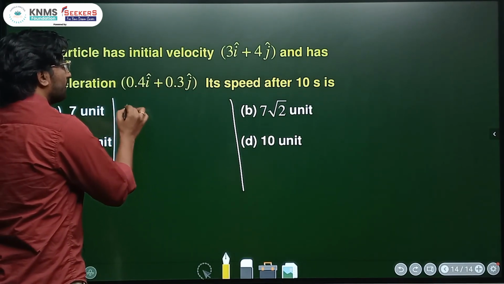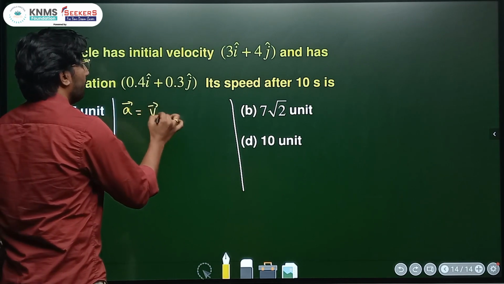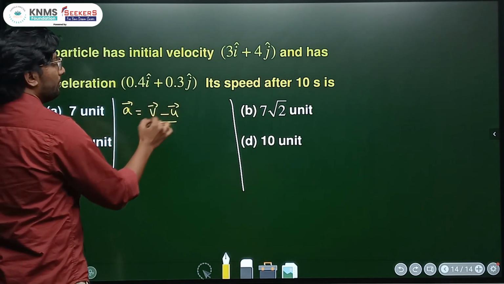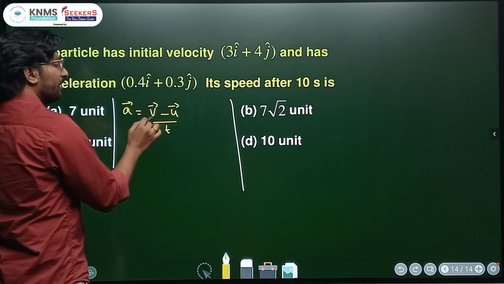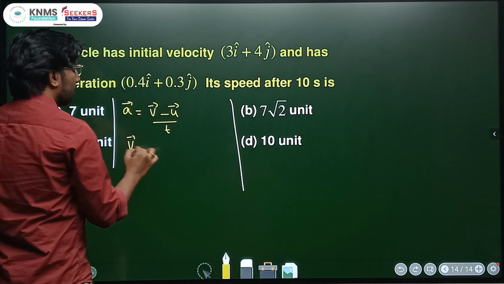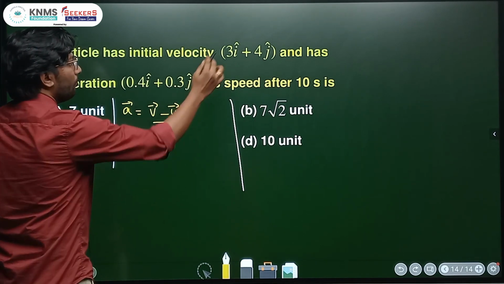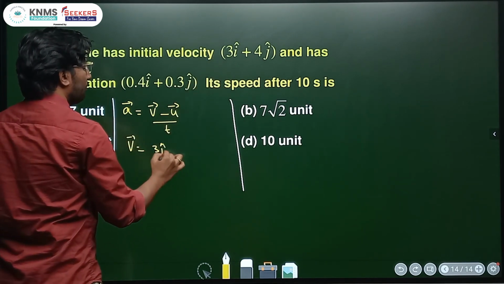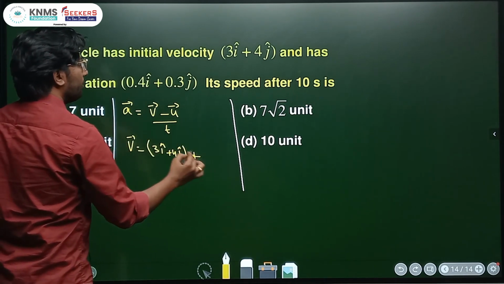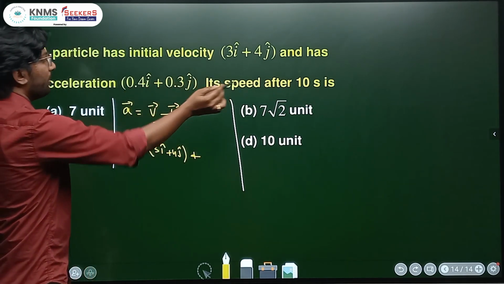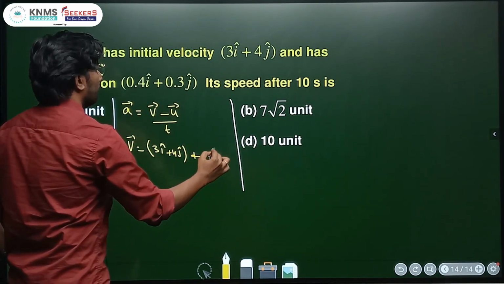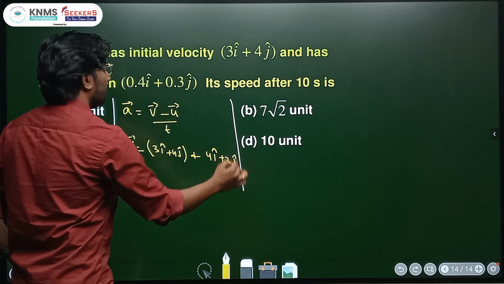So we know that acceleration as a vector is equal to (v minus u) by t. We want the speed, that is the magnitude of the velocity after 10 seconds. So v is equal to u plus at. The u value is 3 i cap plus 4 j cap, plus a into t. T is 10 seconds, you multiply with the acceleration, that will become 4 i cap plus 3 j cap.